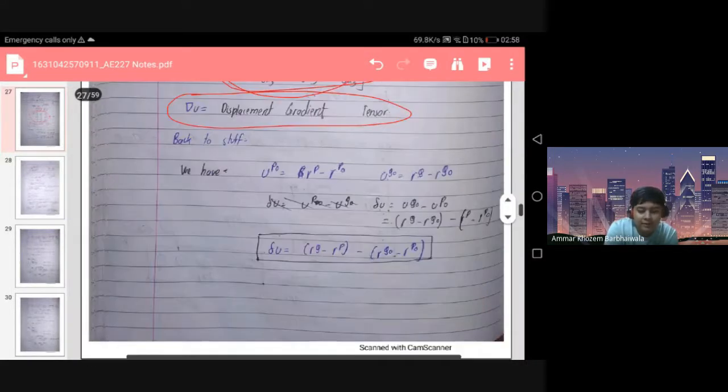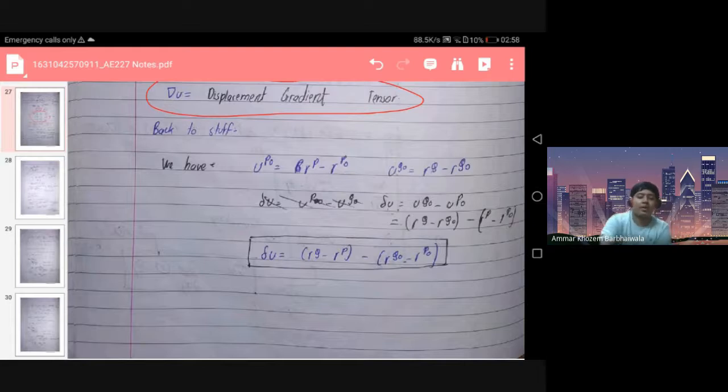Now that we have UP naught and UQ naught and all that, we know that delta U is equal to UQ minus UP, right? So I can write this as RQ minus RQ naught, and RP minus RP naught.